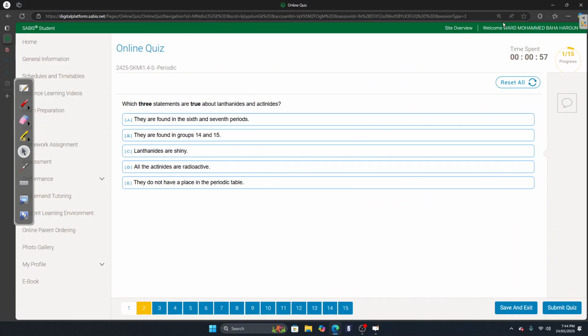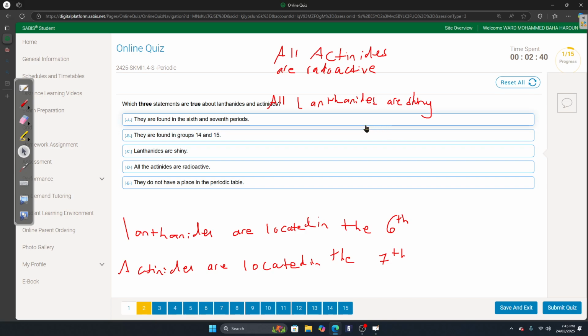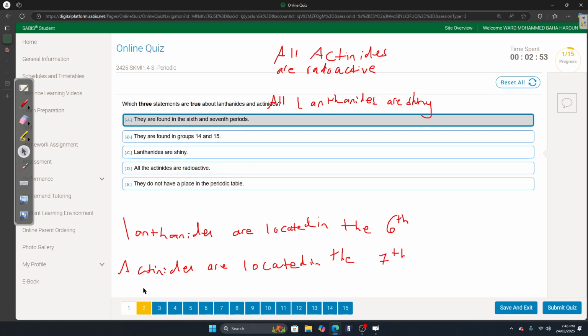Lanthanides and actinides. What are those? I forgot them. 1 second. Okay, guys, while I was using Copilot, I just wrote down some notes for you for this. Lanthanides are located in the 6th period and actinides are located in the 7th.